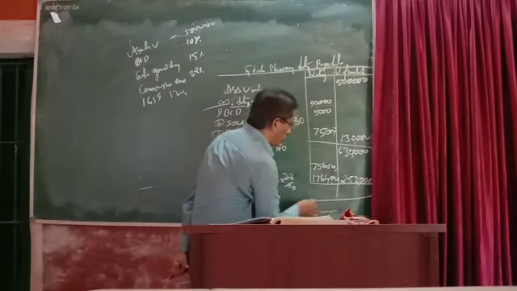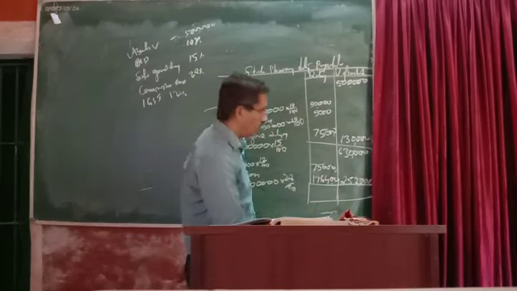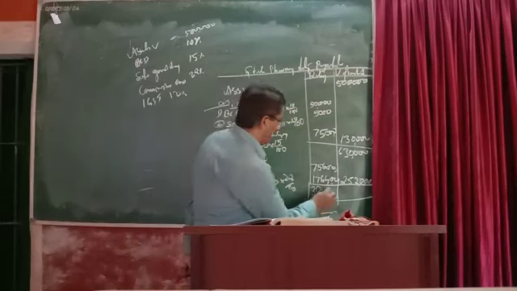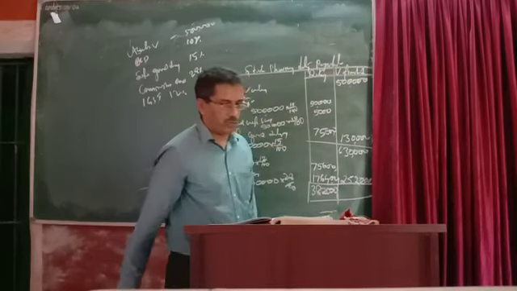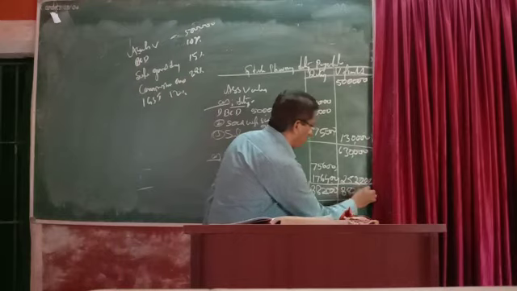And do the grand total of the first column and the second column. The first column total is 3,82,000 and the second column total here is 8,82,000.